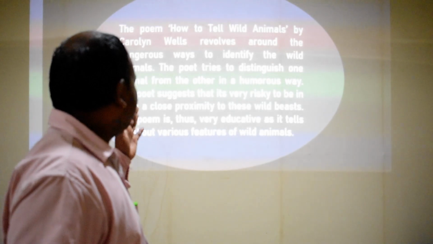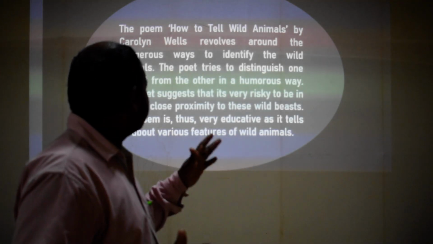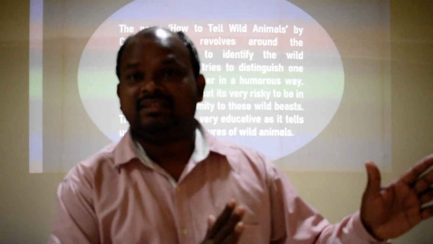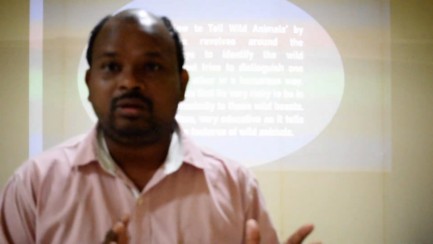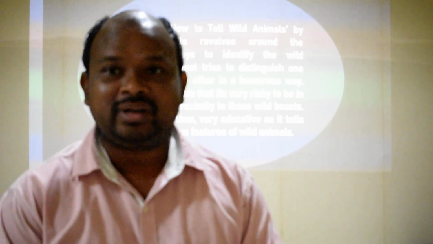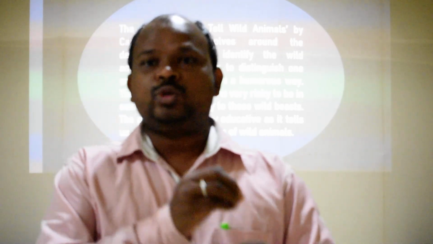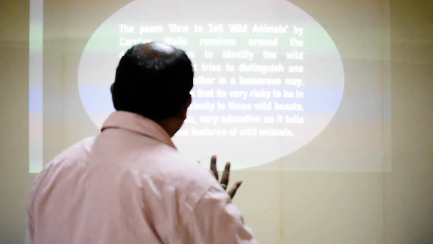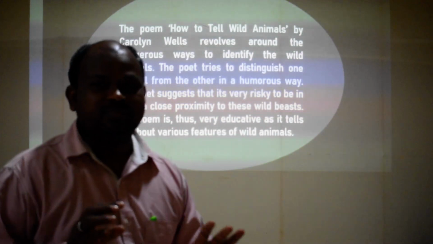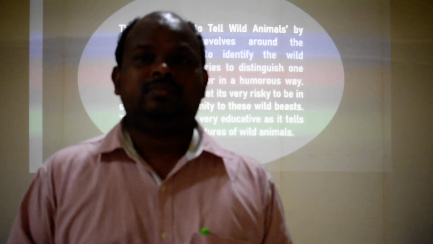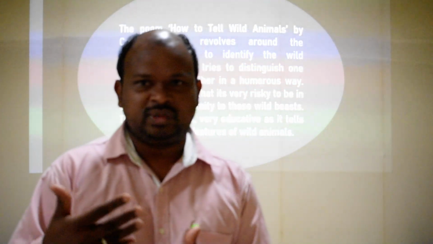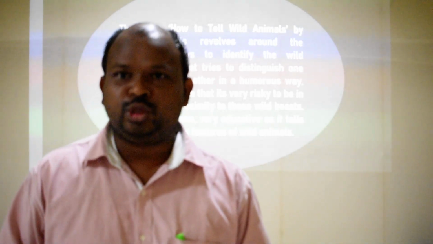So the poet tries to distinguish one animal from the other. What are the different features of animals? How do they look? How do they attack? How do they prey? Each animal is distinctly explained, and it's very risky to go close to the animals. Proximity with animals is most dangerous.